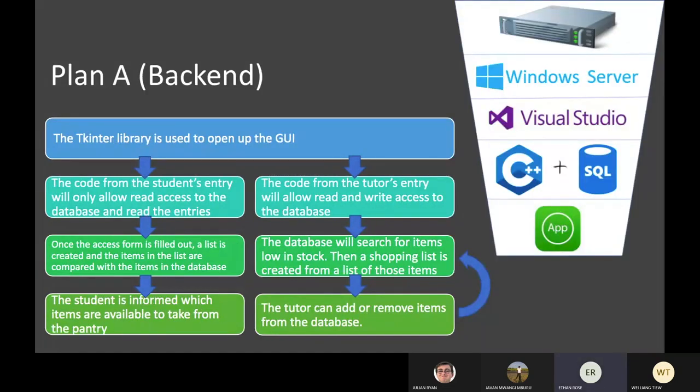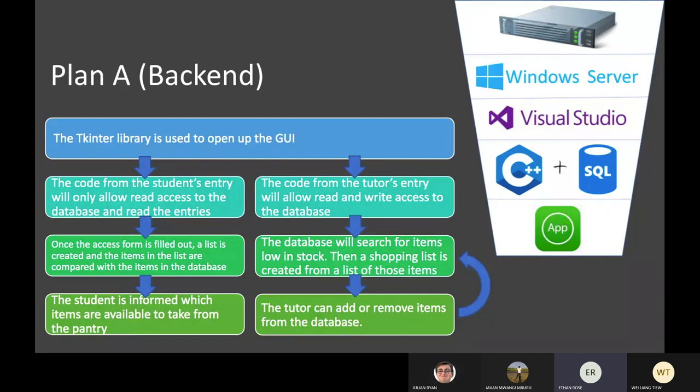The back end of Plan A is using the Tkinter library in C++ to open up a GUI for the students and the tutors. Once the order form is filled out by the students, it'll create a list and compare to see if there are any items available in the database for the students.